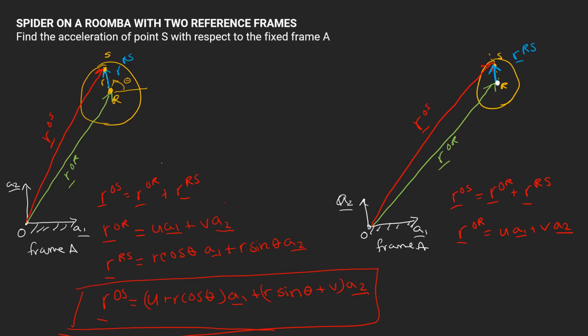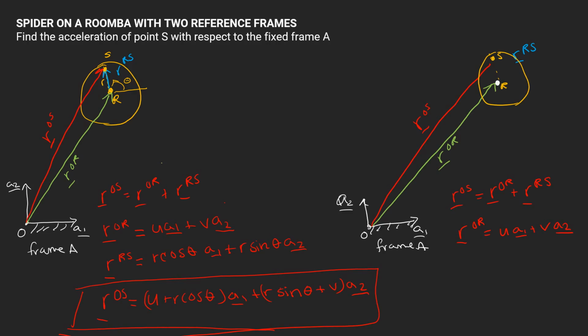And of course, we could define our unit vectors wherever we want, right? So I could put B1 here and B2 here. I could put them somewhere else, but for the sake of simplicity, you'll see why in a second.